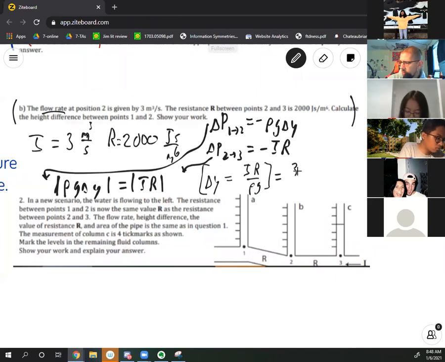I is 3 meters cubed per second. R is 2,000 joule seconds per meters to the 6th. I'm going to be cavalier with units because I know it's already getting kind of cluttered. And rho g is, well, it's water. So rho is 1,000 kilograms per cubic meter.